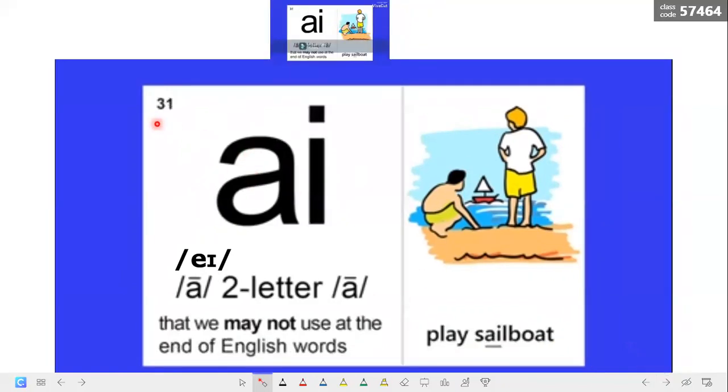Here we have 31, we have AI. It has the same sound, A, but we may not use it at the end of an English word. Be careful.